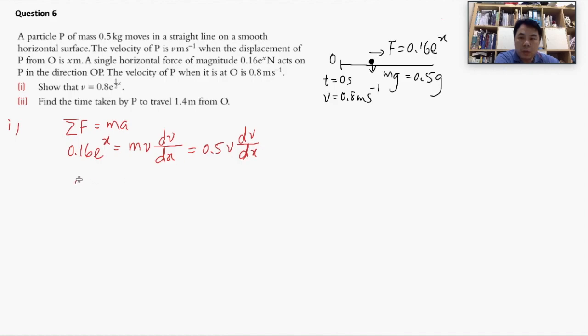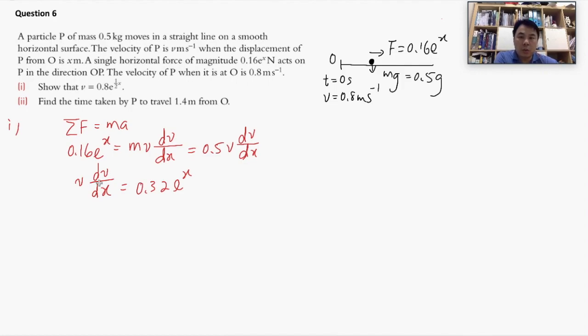If I simplify this, I will get v dv/dx equal to 0.8, this is 0.8. Yep, correct. So this is 0.32 e^x. That's the first differential equation that I have obtained.